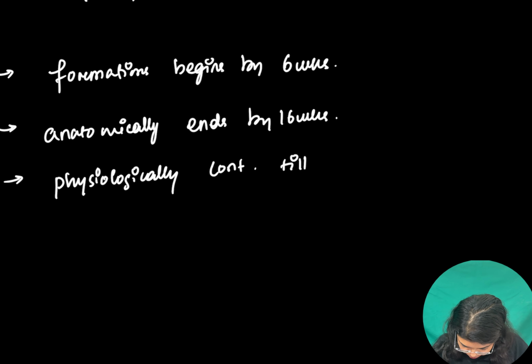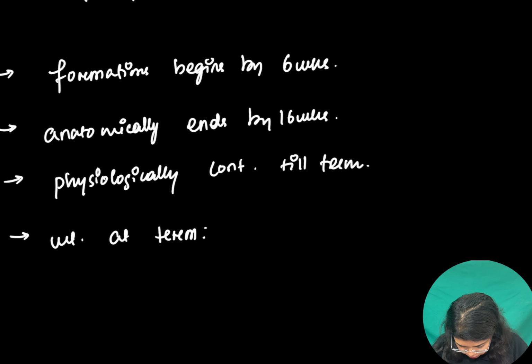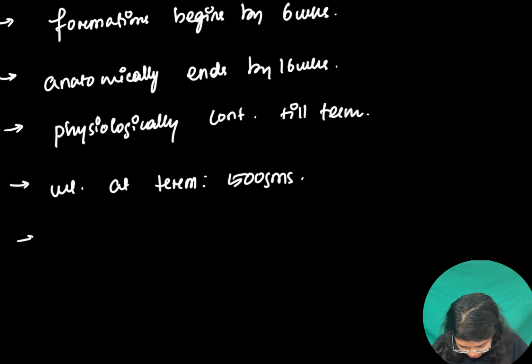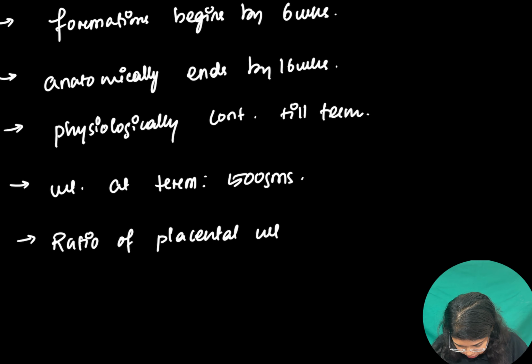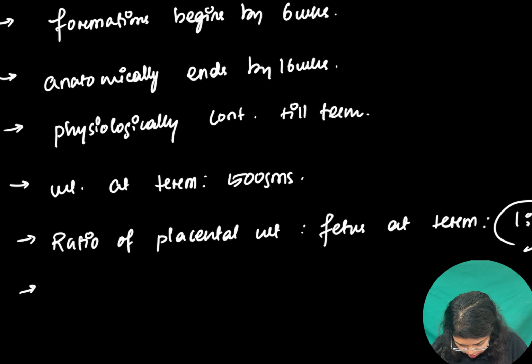Then weight at term is 500 grams. Then what is the ratio of placental weight to fetus at term? It is 1:6. And when is the weight the same? The weight of the placenta is equal to the weight of the fetus.